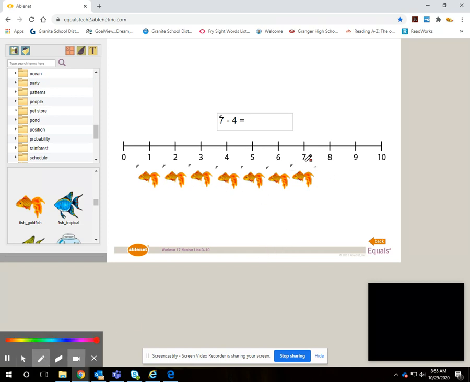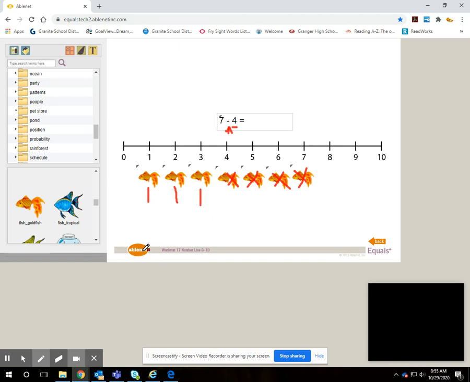If I'm just using my pictures right here, and it says minus, that means I take away 4 fish, then I could just X out 4 of these fish, right? 1, 2, 3, 4, and then I could count, I have 1, 2, 3 fish left.